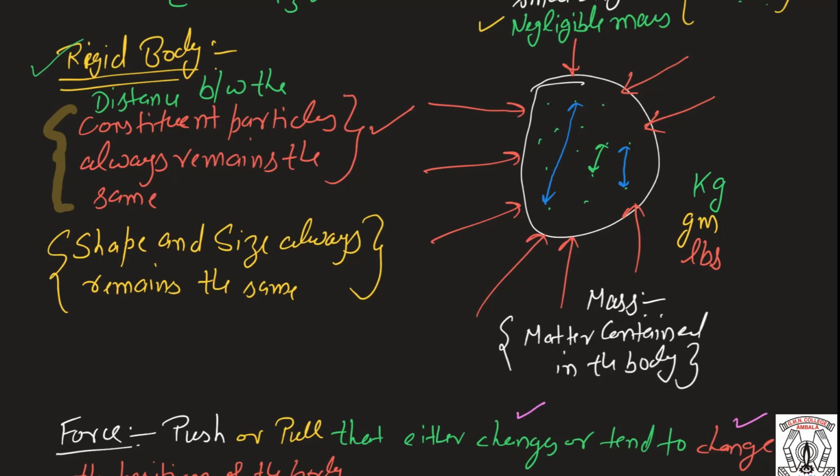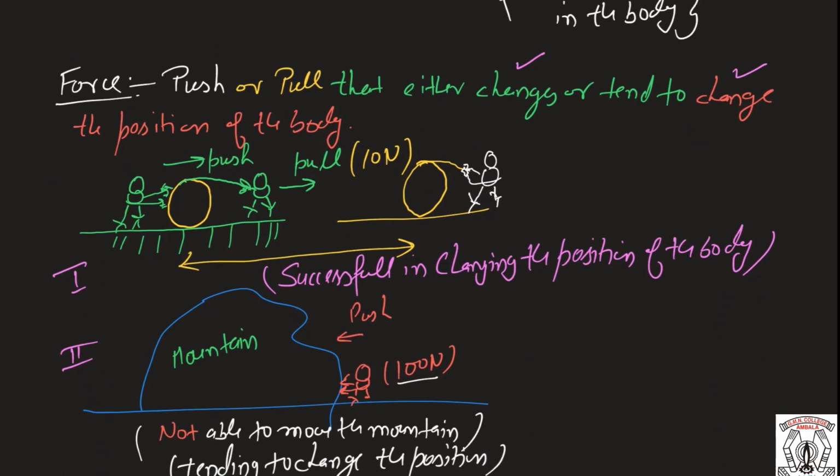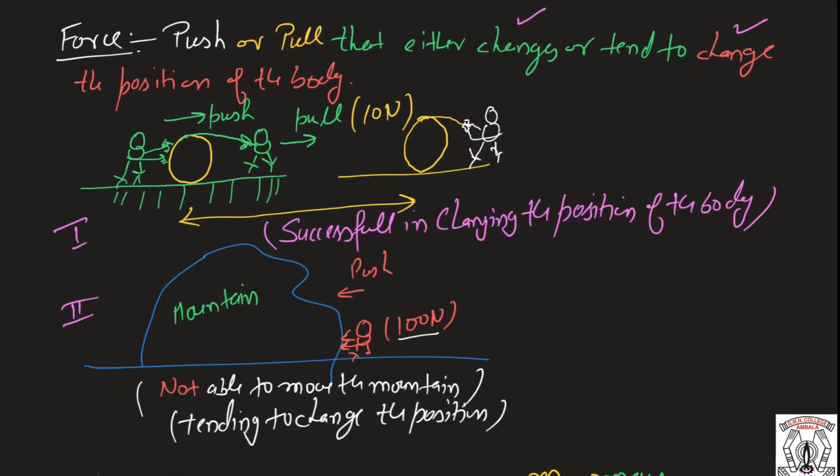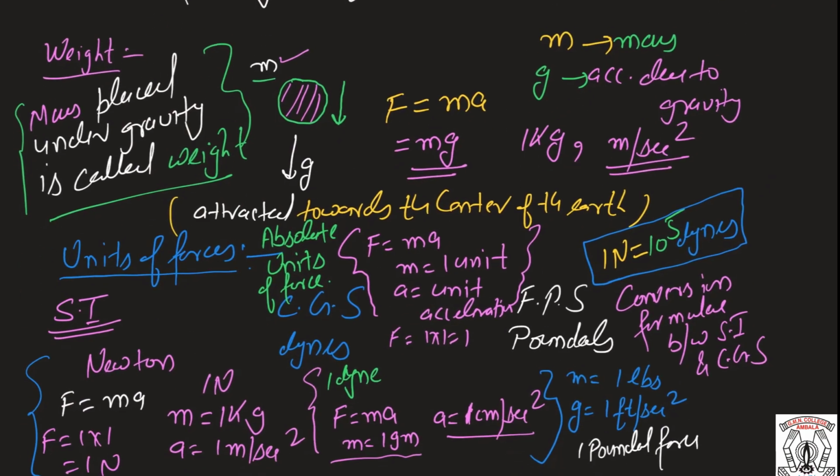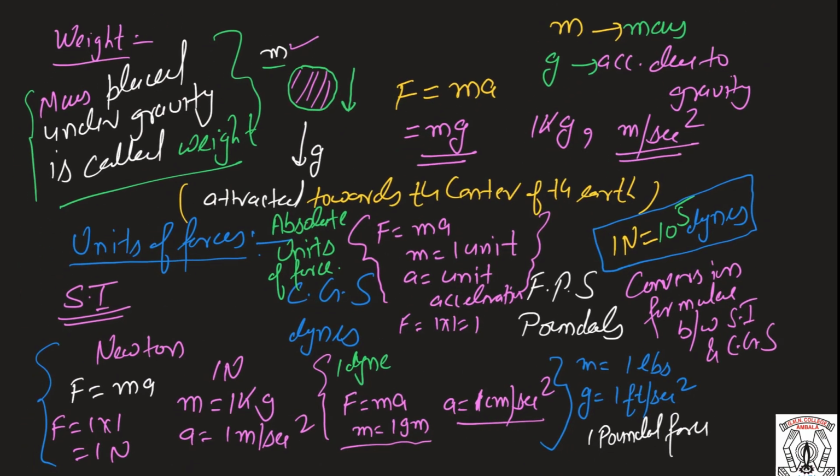Then we studied what is force. Force is a push or pull that either changes or tends to change the position. Then we studied the definition of force. Then we studied what is weight. The mass placed under gravity is called weight, or the mass m attracted towards the center is called weight, and it is given by mg.